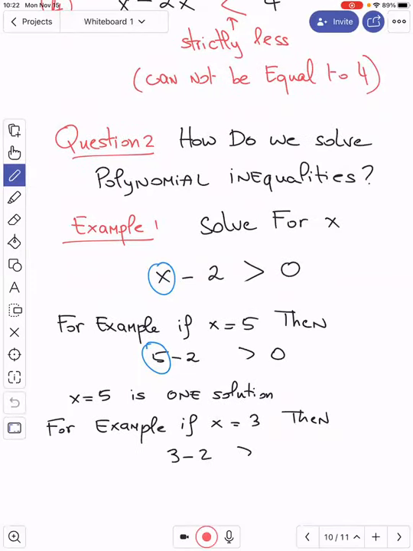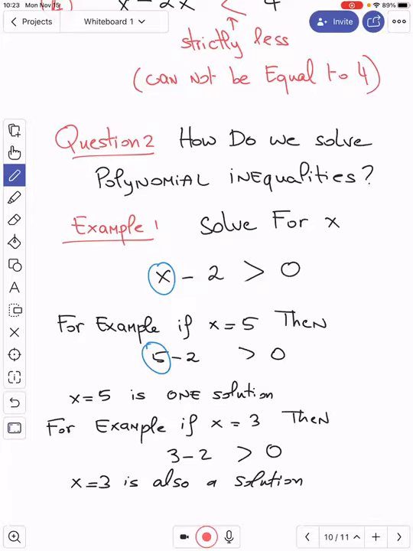So 3 satisfies this inequality, and x equal to 3 is also a solution. So you need to find all possible solutions for this inequality.